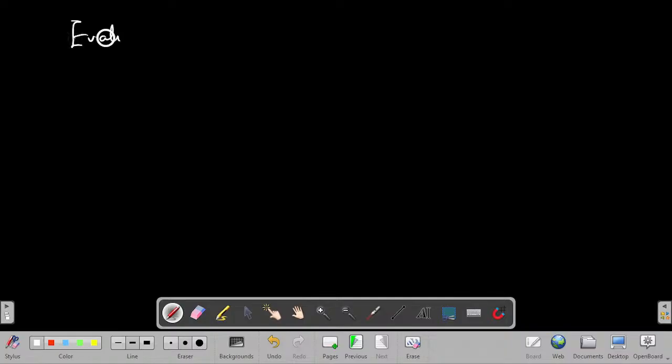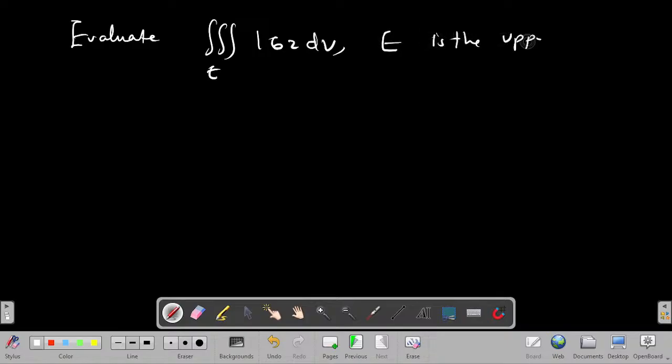So evaluate the triple integral over E of 16z dV. Now let's define E. E is the upper half of the sphere x squared plus y squared plus z squared is equal to 1.